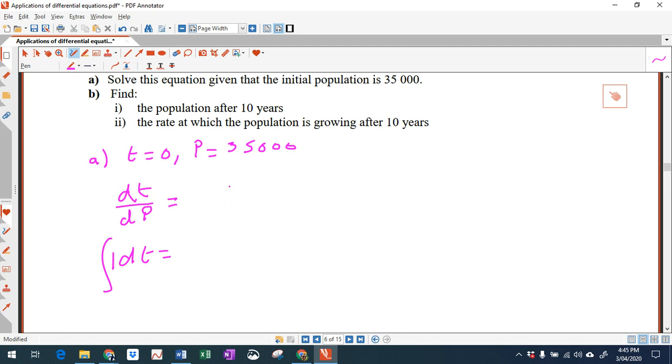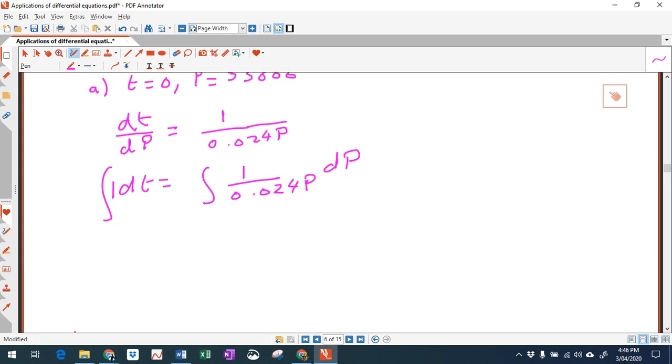Flipping the right-hand side, I'll have 1 over 0.024P. That's better. So when I come to integrate, I should have this expression 1 over 0.024P, and make sure you've got the dP there.